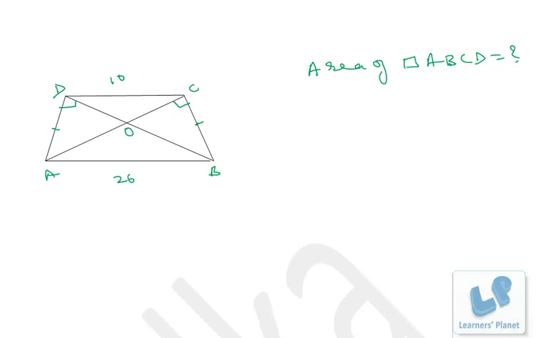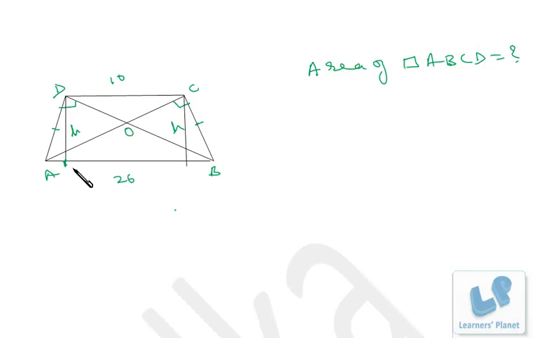Now, a similar problem we have already discussed. What I can do over here is drop a perpendicular from this to this, right? Now what is the length of this perpendicular? That I assume to be h. I drop one more perpendicular from this point to this point, and the length of this is also h, obviously.